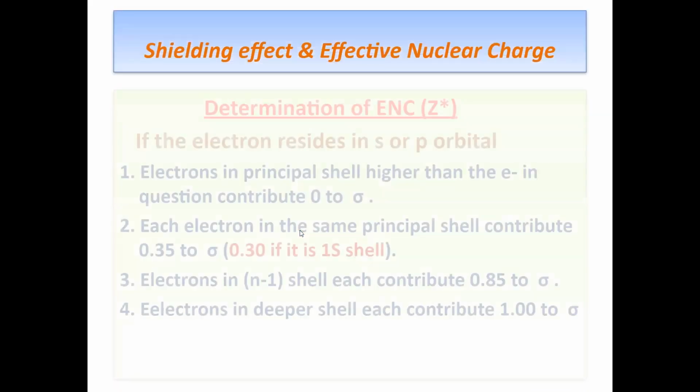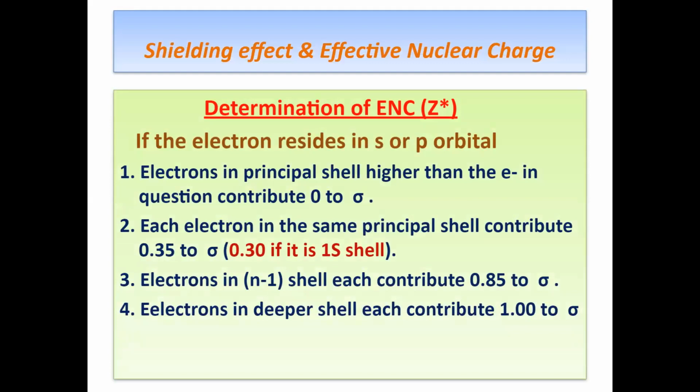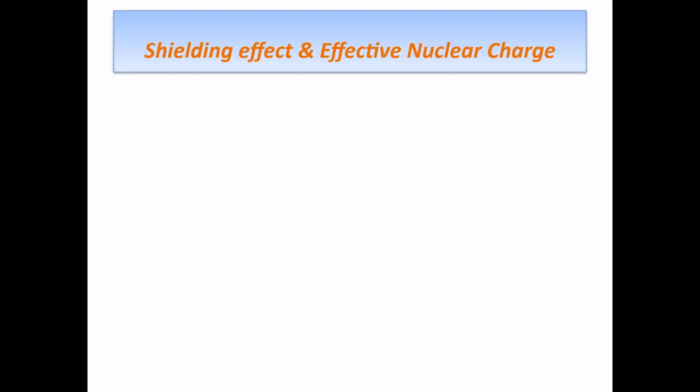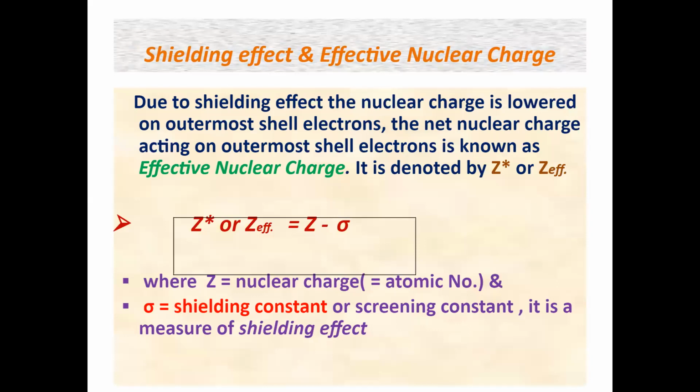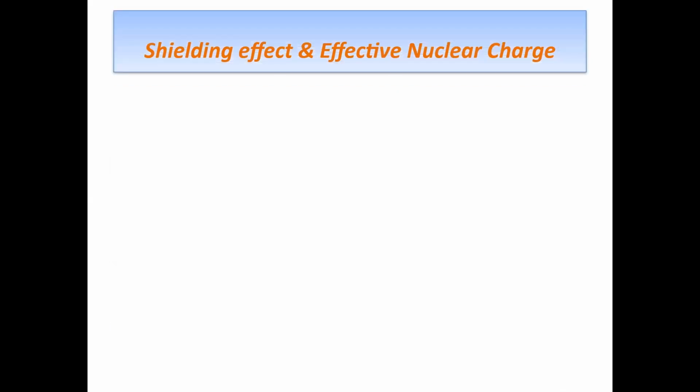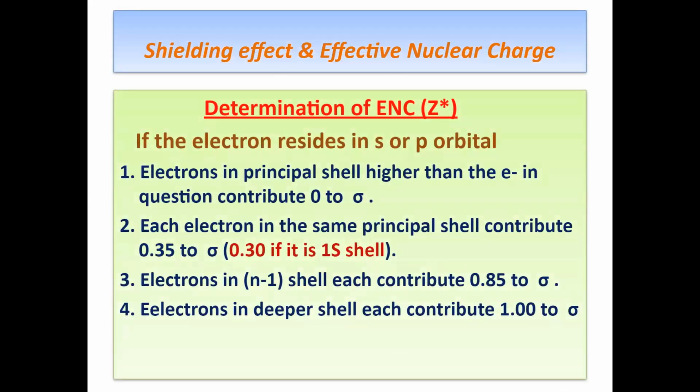There is a formula, a little bit systematic procedure, for calculating the effective nuclear charge of an electron in an atom. Let me see one by one. If the electron resides in S and P orbitals, then the electron in the principal shell n equal to 1 contributes 0 to sigma.